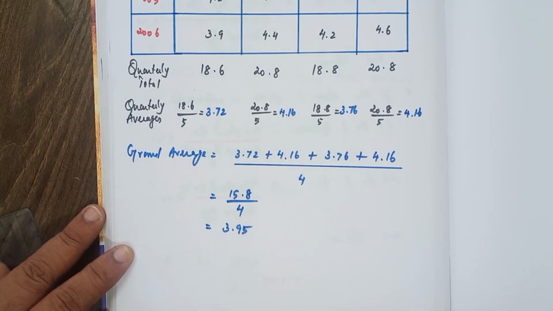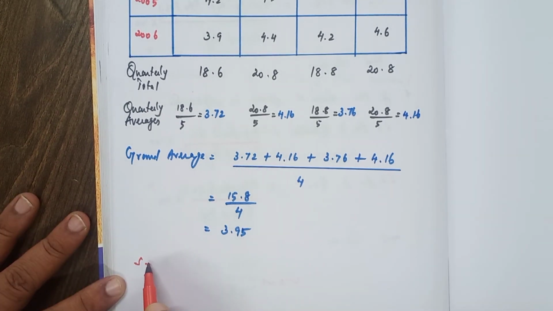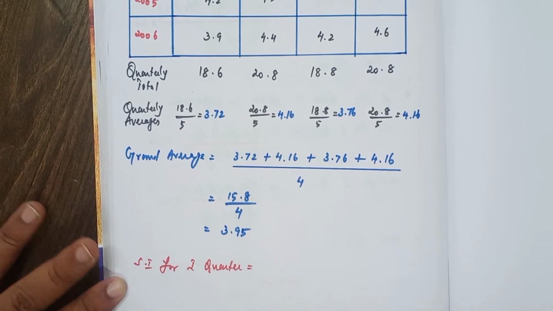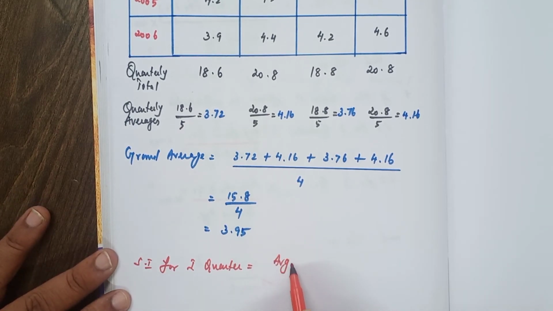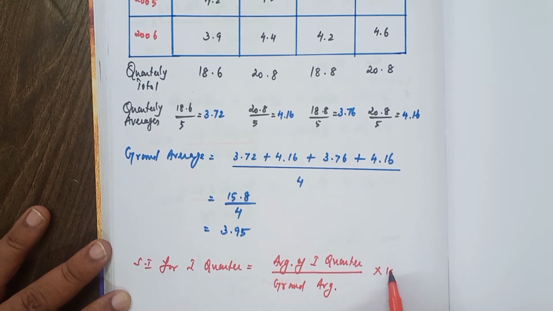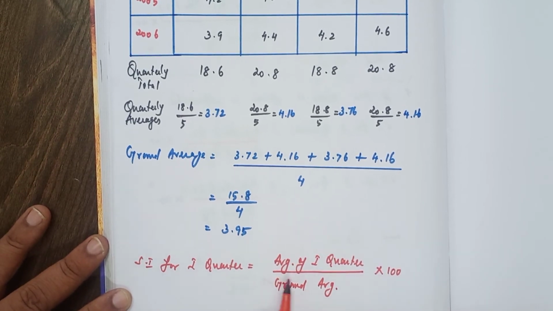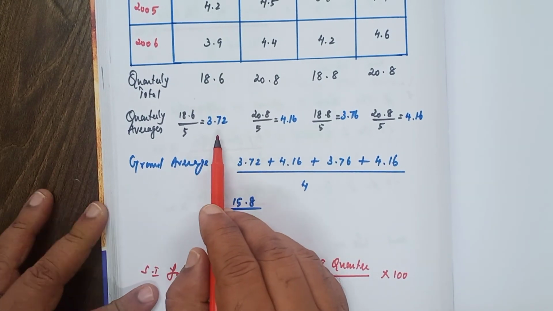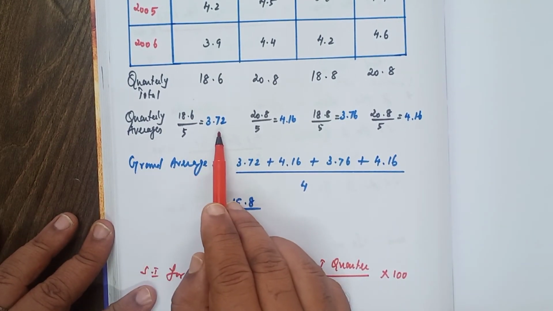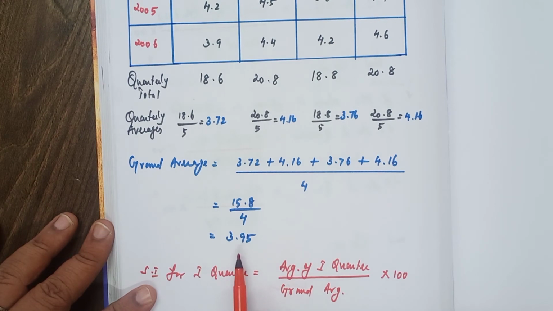After that, write the formula for the seasonal index for the first quarter: average of first quarter divided by grand average into 100. The first quarter average is 3.72 and the grand average is 3.95.